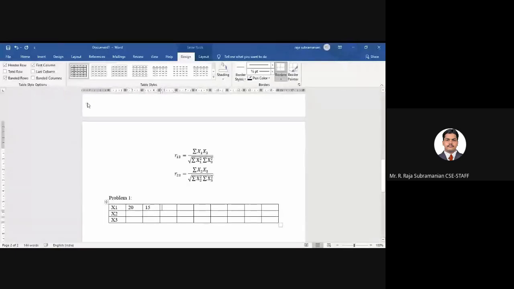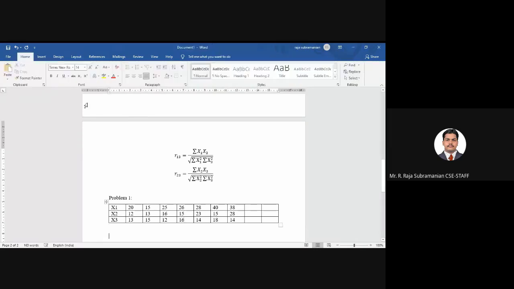For the others: 14, 18, 15, 23, 14, 12, 13, 16, 15, 13, 15, 12, and 16. So we have a table like this. These two are not needed.